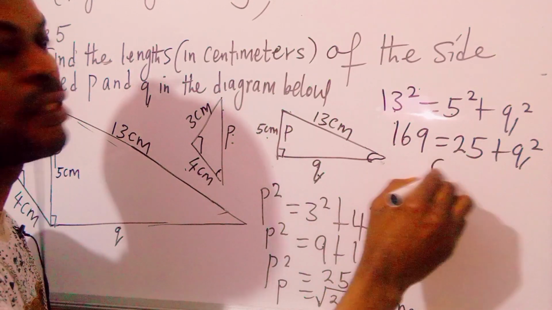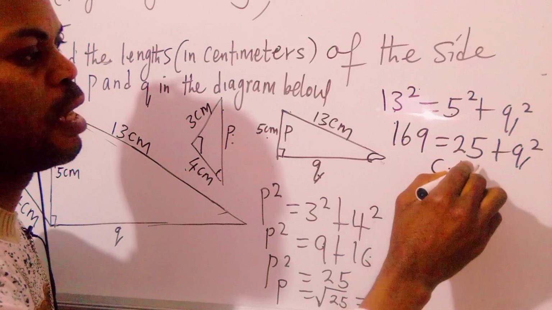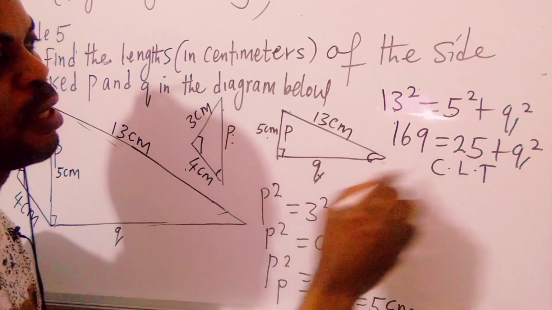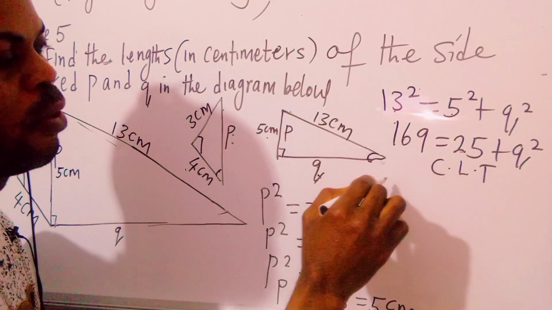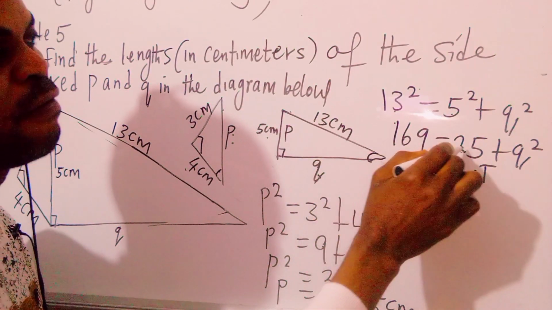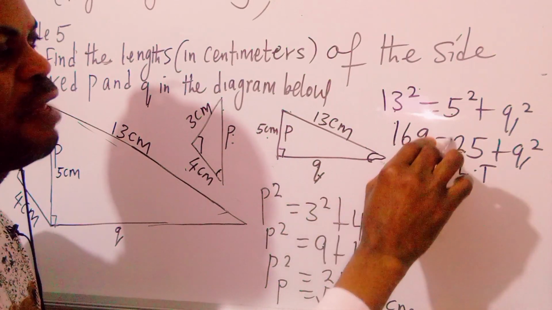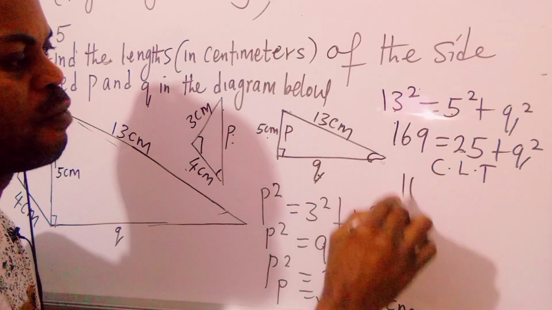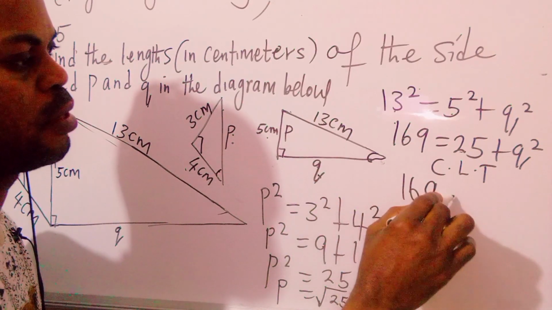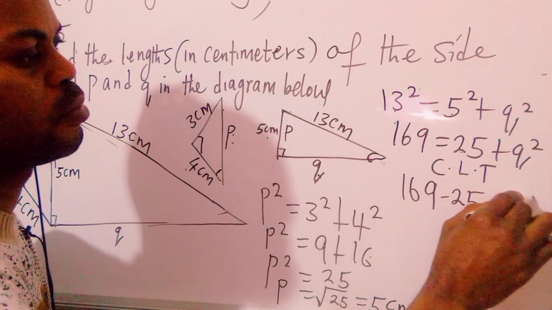Now let's collect like terms. When you collect like terms, this value 25 will come over to my right. Remember the law in mathematics, when a value is crossing over, the sign automatically changes. There is an invisible plus here. So when it crosses over, it becomes minus. So I'm going to have 169 minus 25 equal to Q squared.